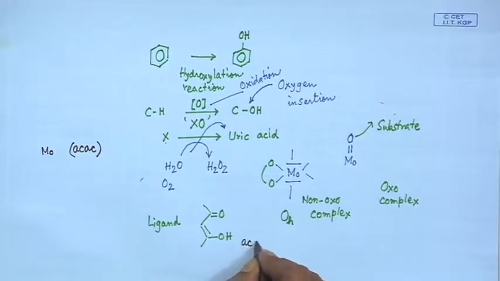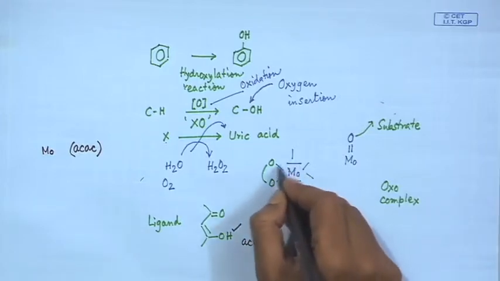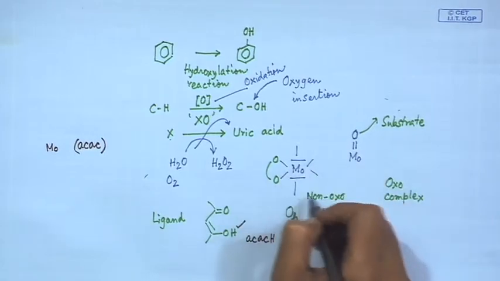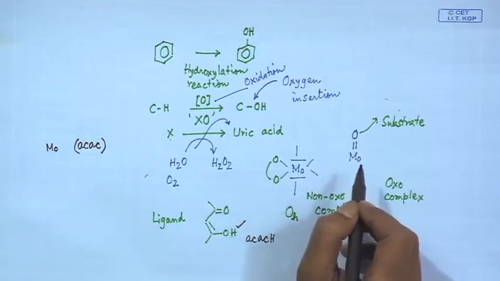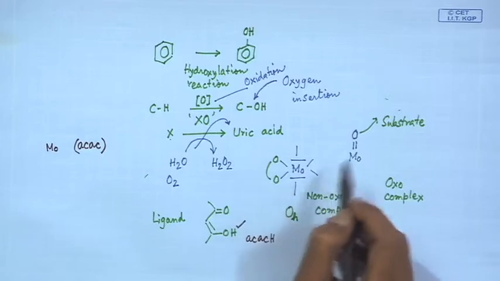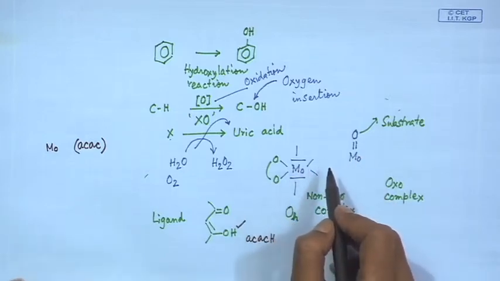You have this ACAC ligand and this proton. This particular H goes away producing ACAC minus, which has one single charge, because charge neutralization on the molybdenum center is also required, since in most cases molybdenum is stabilized, like chromium, a group member of the chromium series, in +4, +5 and +6 oxidation states.